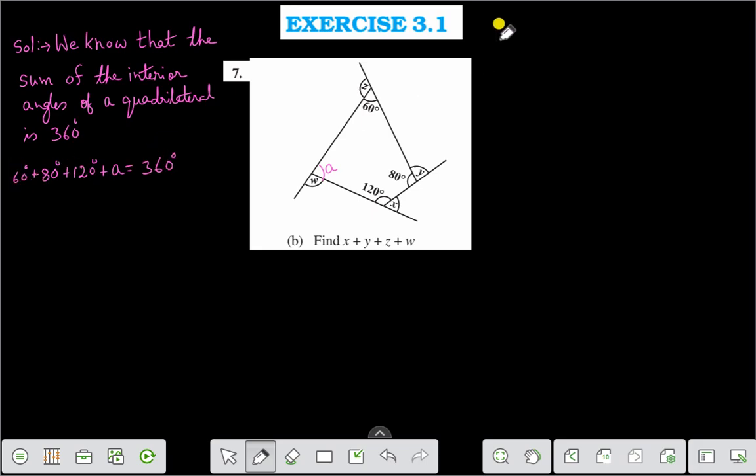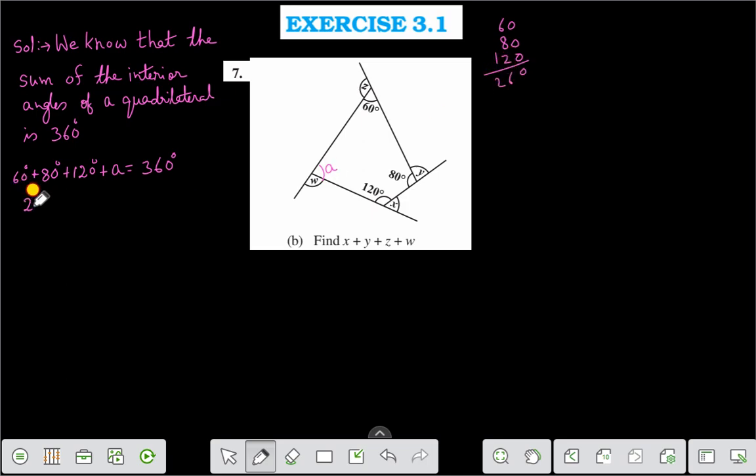If we add all these, 60 degrees plus 80 degrees plus 120 degrees, that is 0, 8 plus 2 is 10, 10 plus 6 is 16, carry 1, 6, 1 plus 1 is 2, so 260 degrees.